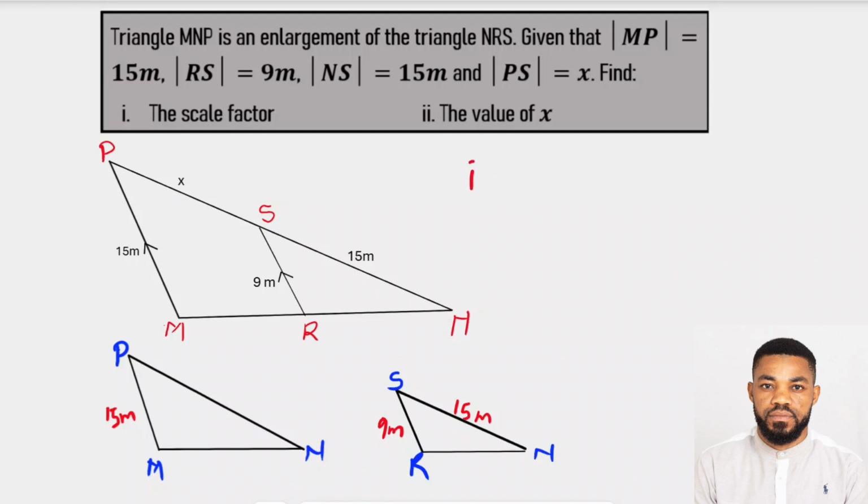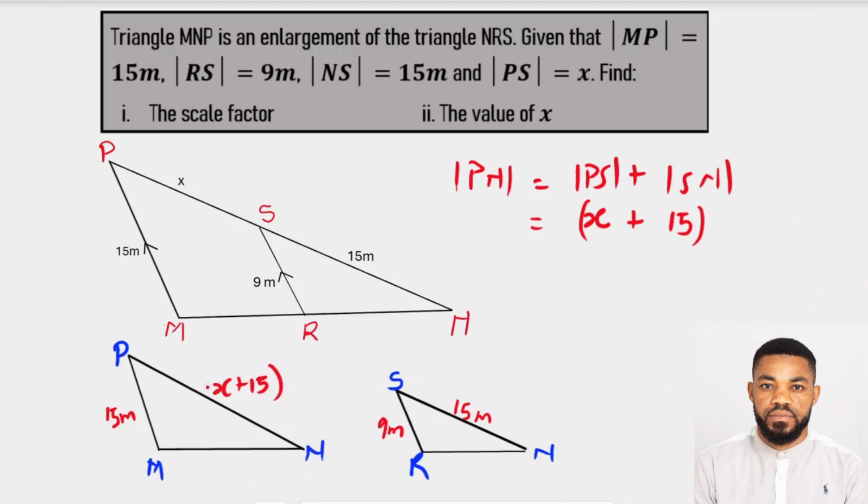So if you want to get the magnitude of PN, we have to add X to 15. PS is X, and that of SN is 15. So it means this side is going to be X plus 15. That's a binomial, so it should be kept in brackets. So we've been able to write all the sides.